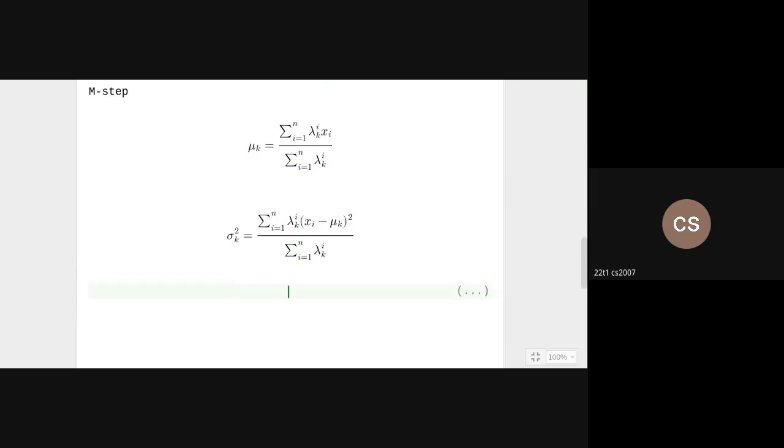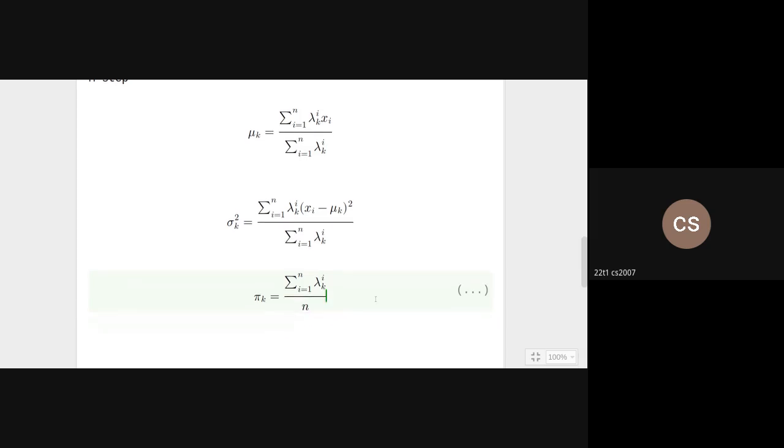Finally, you have pi k. Pi k is what? You just remove this xi and you say sum of probabilities of all data points belonging to cluster k divided by n.